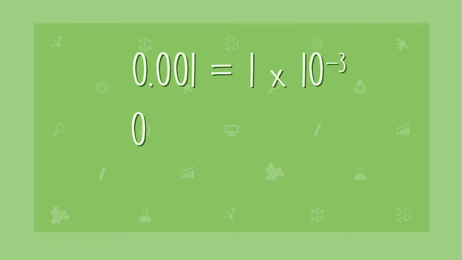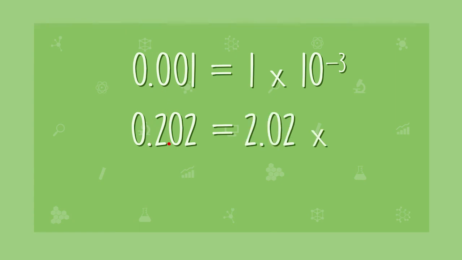Let's try 0.202. There's the decimal point. Now if we move it all the way to the end, like in the last example, that would give us 202, which is not between 1 and 10. So instead we move it just 1 place to the right, which gives us 2.02. So we write 2.02 times 10, and we've moved the decimal point 1 place to the right, so the exponent is -1.